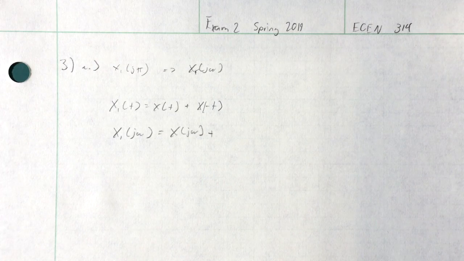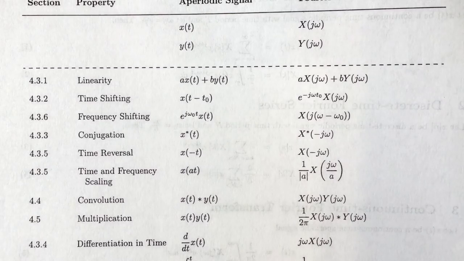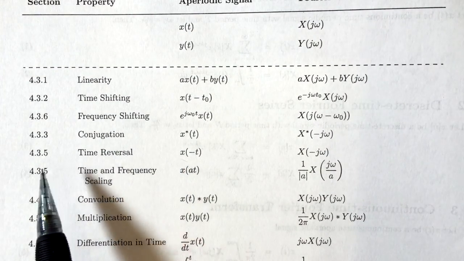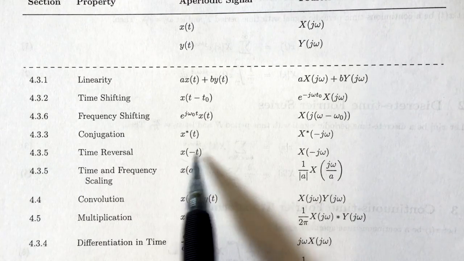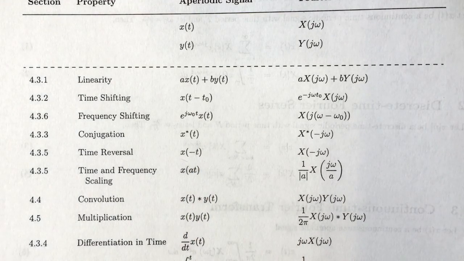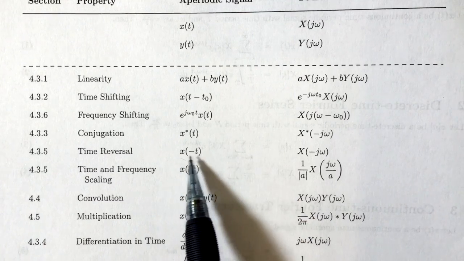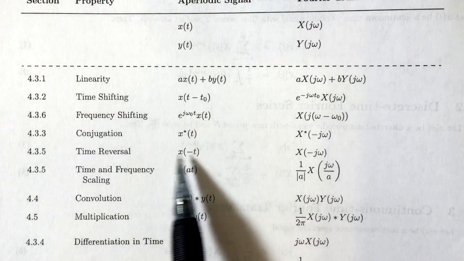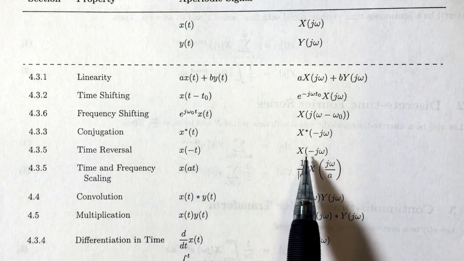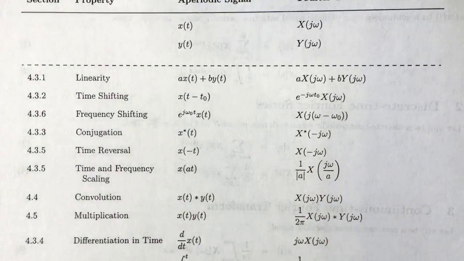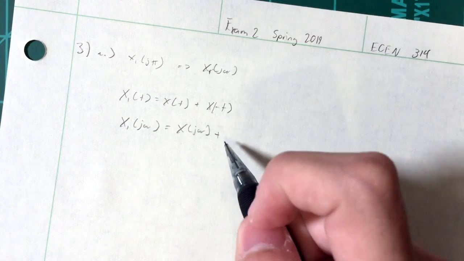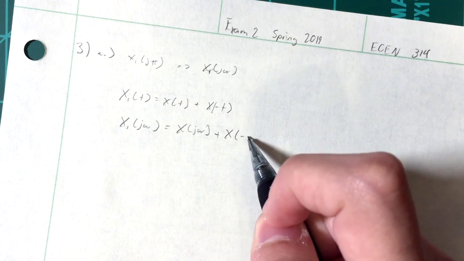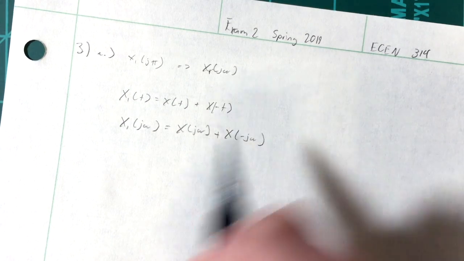So we go to our packet, and we can find the time reversal property for a signal flipped across the y-axis. We get that the Fourier transform of x(-t) is X(-jω). So this will become X(-jω).